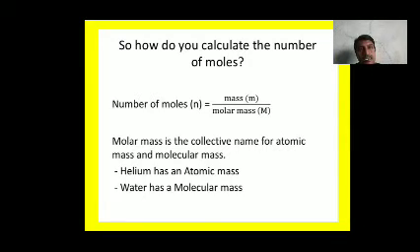Mass of the substance by molar mass M. Therefore, number of moles small n is equal to weight of the substance by gram molecular weight, W by GMW, or mass of substance M by molar mass, small m by capital M. Molar mass is the collective name for atomic mass and molar mass.